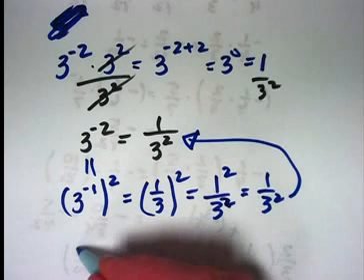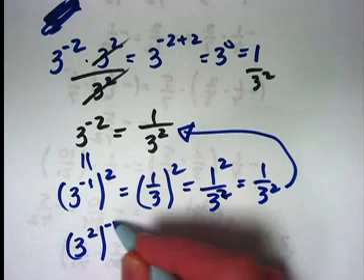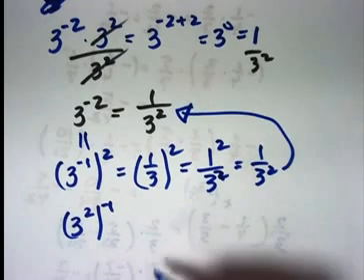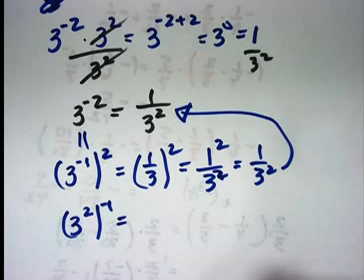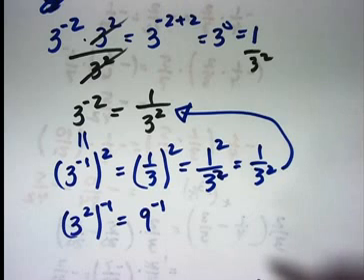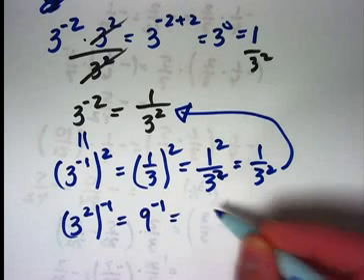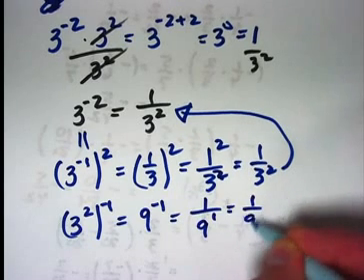Let's illustrate that another way. Let me reverse the roles of the negative 1 and the 2. What does this mean? 3 squared to the negative 1 power. Well, that's the same thing as 9 to the negative 1 power, because 3 squared is 9. 3 to the second power is 9. What's that? That should be the same as 1 over 9 to the first power, 1/9.